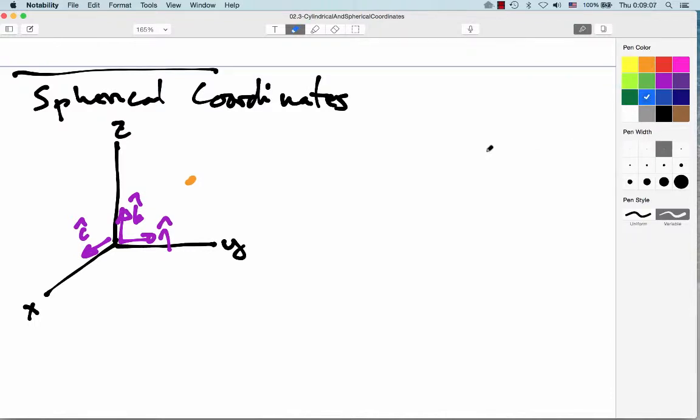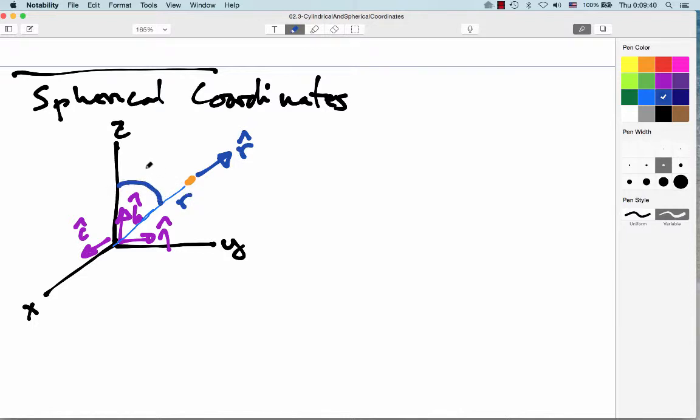So if I draw a line that extends off from the origin, my r hat will point straight off from the origin like that. Okay. The next angle we care about will tell us how we get off, and sorry, this length here is r.